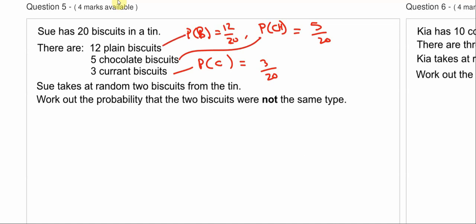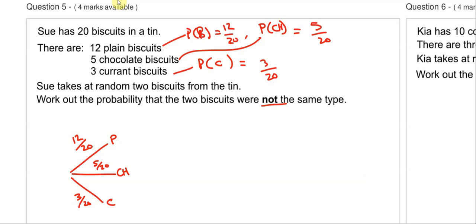Takes 2 biscuits from the tin. Work out the probability that the 2 biscuits were not the same type. So let's set up our initial tree. We're going to have plain, we're going to have chocolate, and we're going to have currant, and put in our probabilities. So we could have 3 branches off here.